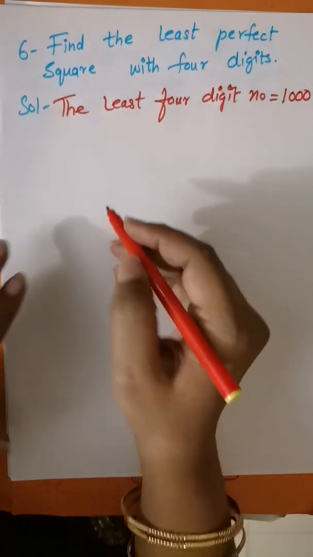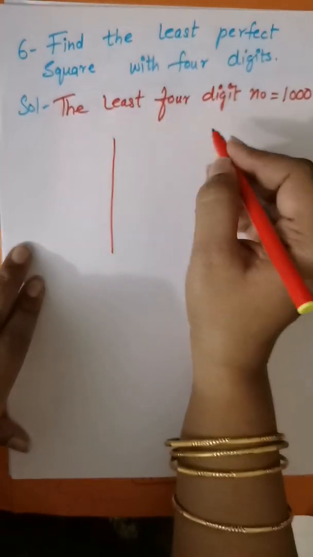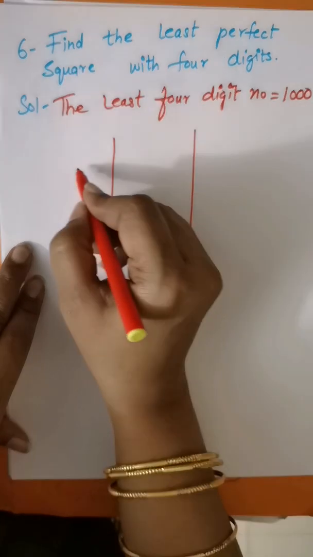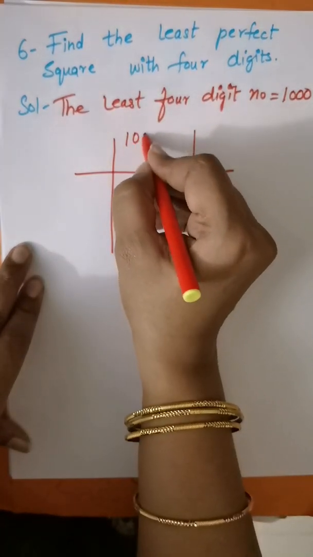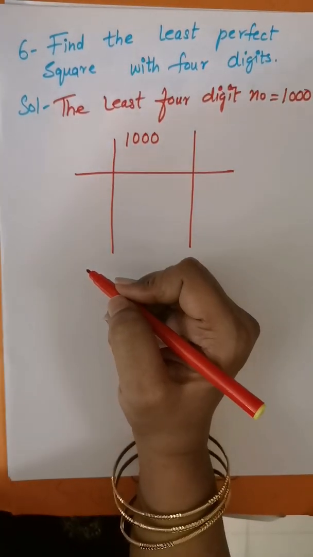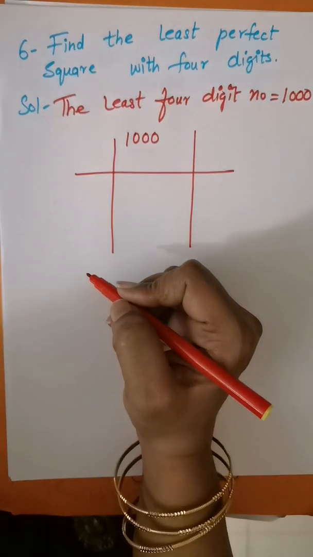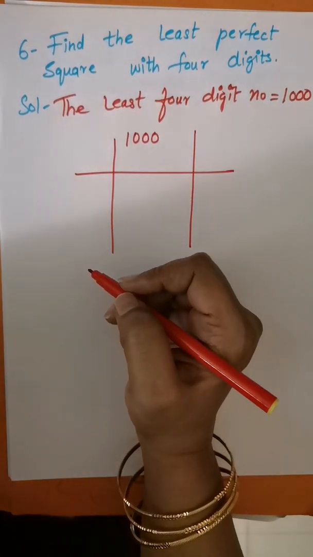So what we will do is, 1000 is not a perfect square, so we will find the least perfect square with 4 digits with the help of the least 4-digit number.